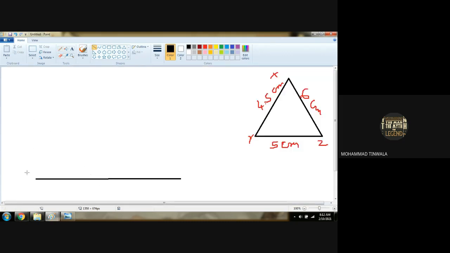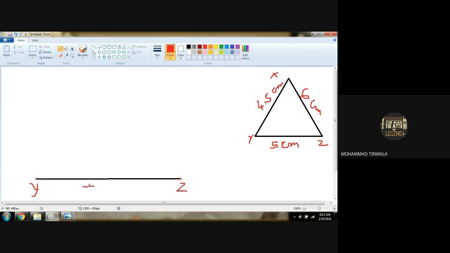With the help of scale, we will place 0 centimeter at this point and 5 centimeter over here. Okay, girls? Yes, sir. This distance is between Y and Z.